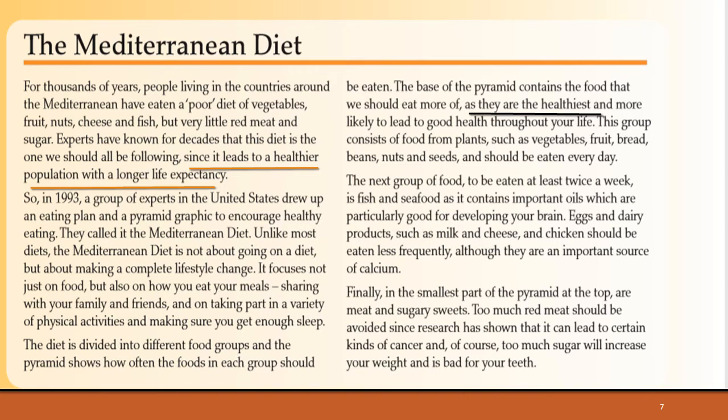Do you have another as or another since? Well done. The following paragraph, line number 2, as it contains important oils. Which thing contains important oils? It says the next group of food is to be eaten at least twice a week: fish and seafood.